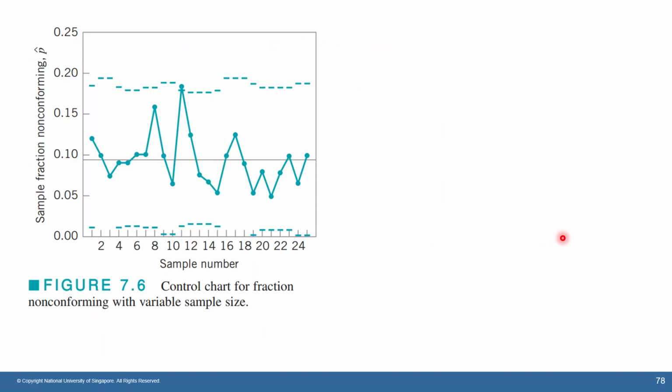So this is what the final results will look like. You see that the UCL and the LCL change, they fluctuate. They are not the same for each data point, and each data point that you see here is the fraction non-conforming. So basically the number of defective products divided by the N for that particular time point.